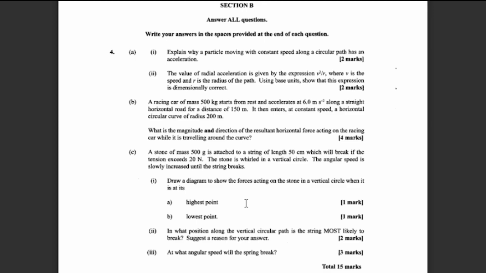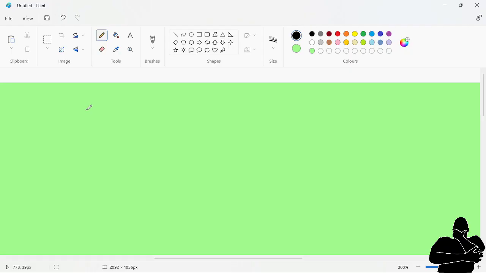Draw a diagram to show the forces acting on the stone in a vertical circle when it is at its highest point and its lowest point. Let us assume that this is the center of the circular path that the stone takes as it is being whirled in a vertical circle connected by a string. Now it wants us to draw diagrams at the highest and lowest point. At the highest point, the stone would be up here.